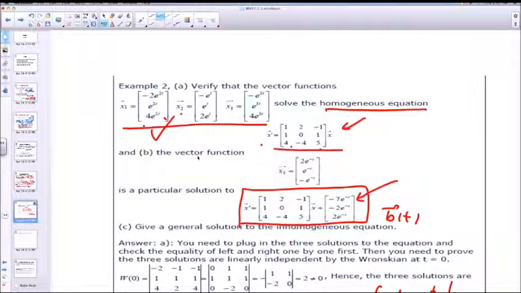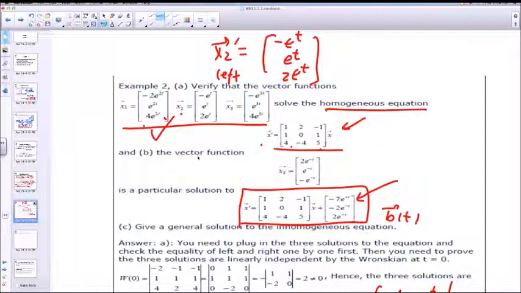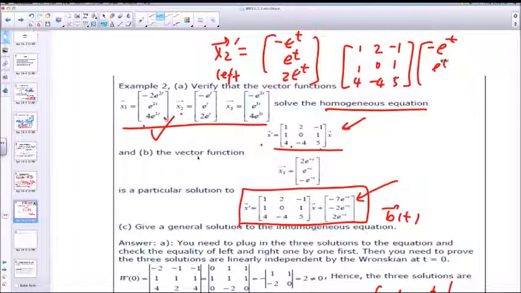Take the derivative. Let me just quickly do the second. You take the derivative, that's e to the negative t, not a real change. And on the right, multiply this matrix by this. What you get should be exactly the same.